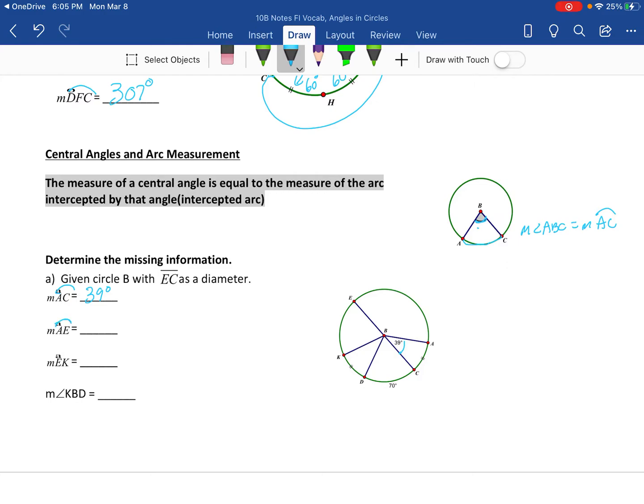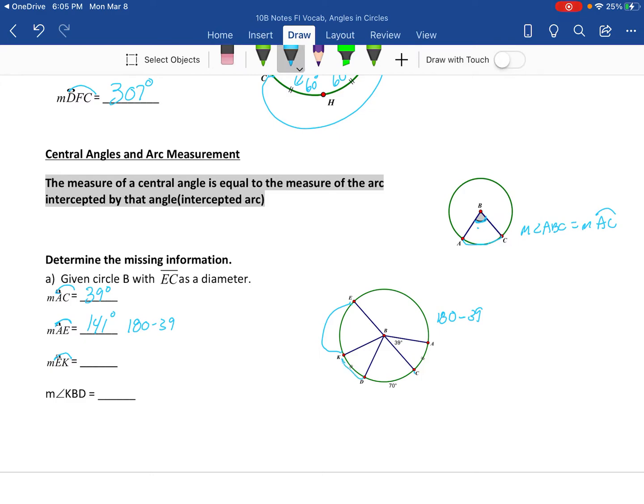The measure of arc AE, which would be this arc right here, is going to be 180 because we have endpoints of a diameter minus 39, so 180 minus 39, which is 141 degrees. The measure of arc EK, so from E to K, that's going to be a little bit more complicated.